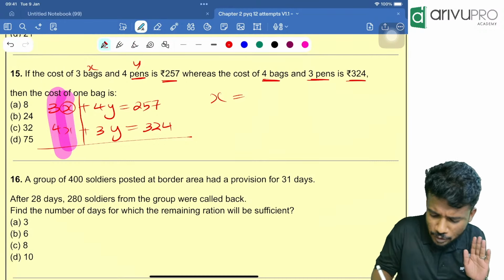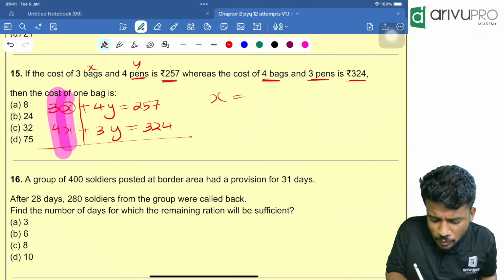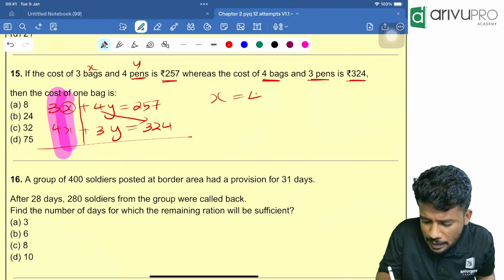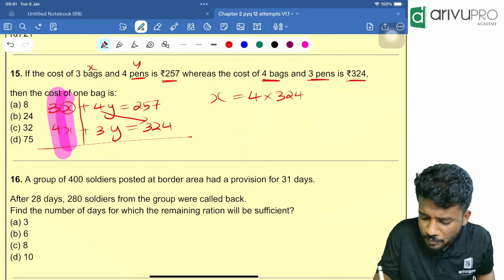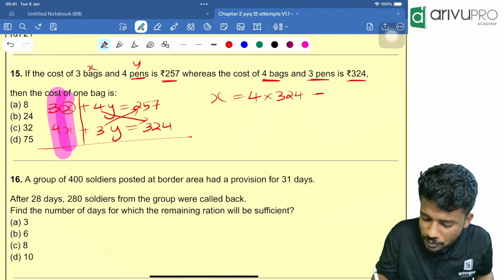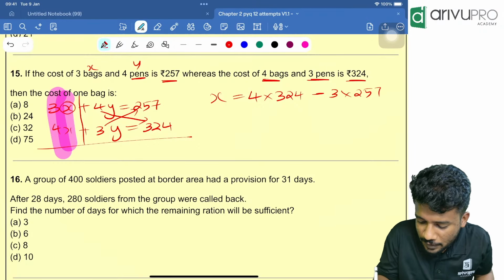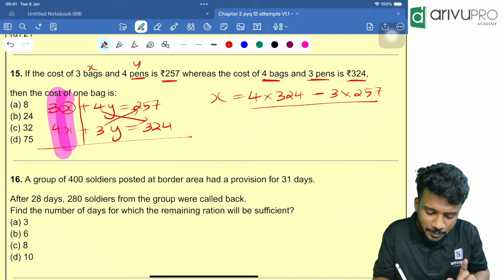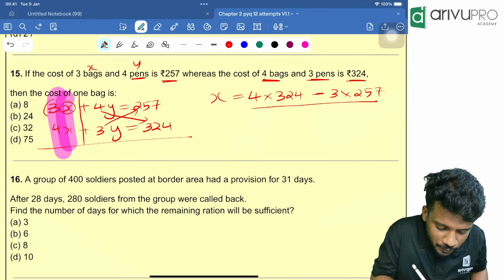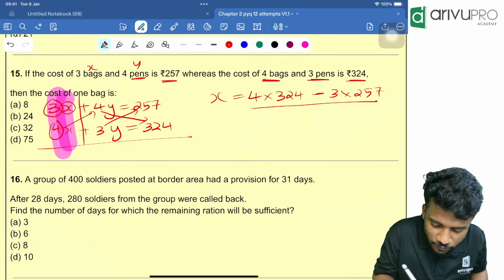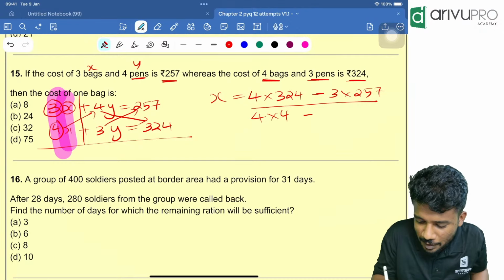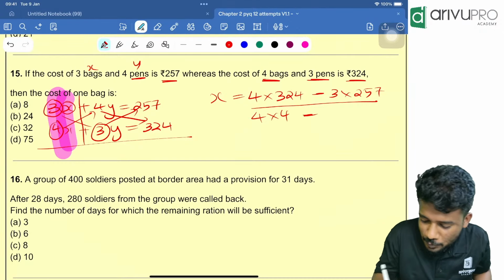Then x is equal to, you are going to cross multiply: 4 into 324 minus 3 into 257, divided by what? This and this, 4 into 4 minus 3 into 3.